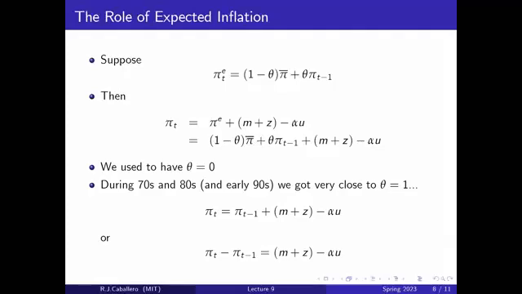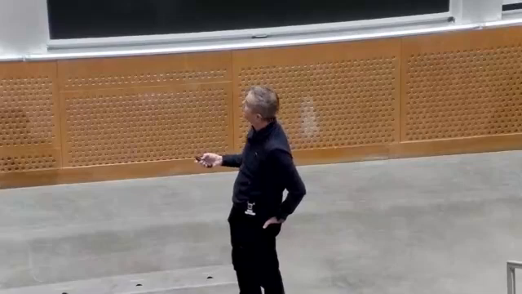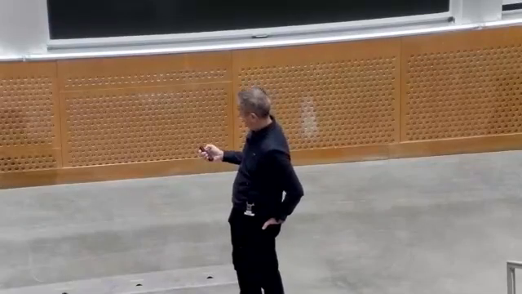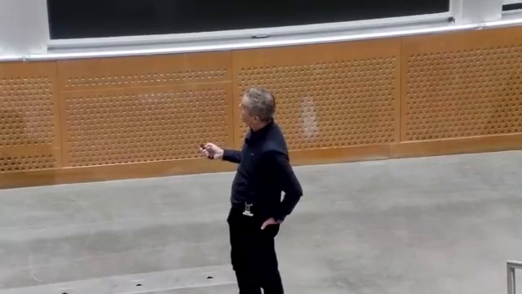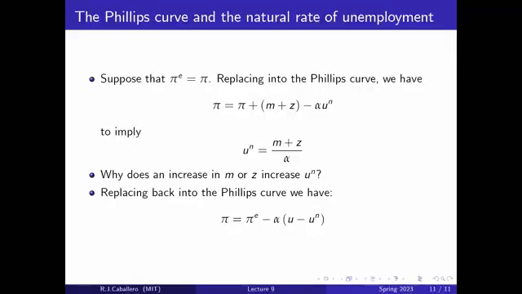I can replace this m plus z for alpha times u^n. How do I know that? Well, m plus z is equal to u^n times alpha. I can replace in the Phillips curve m plus z by alpha u^n, and I can therefore rewrite the Phillips curve in the following form.